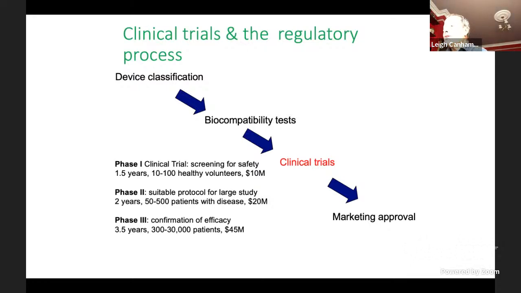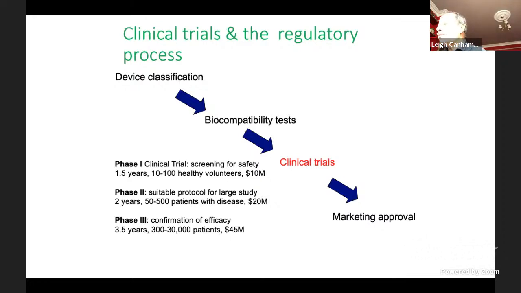Clinical trials typically have 3 phases: a safety phase, a phase 2 where you determine the best dose or the best protocol for your medical product, and then a pivotal phase 3 where you really demonstrate the risk-reward ratio for your device, the fact that it really works, and it works well enough to warrant the risk of implanting your device.